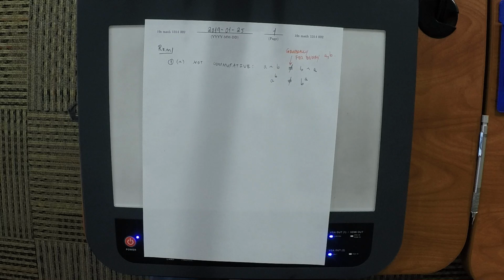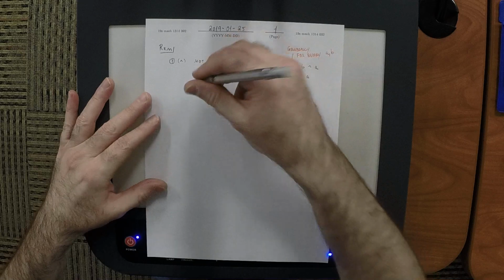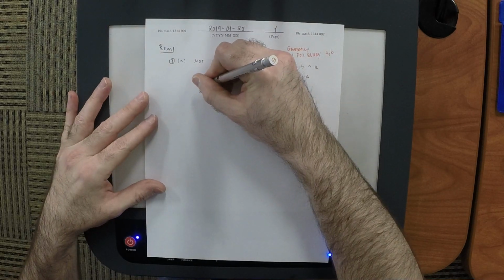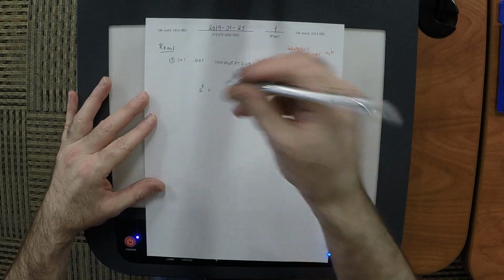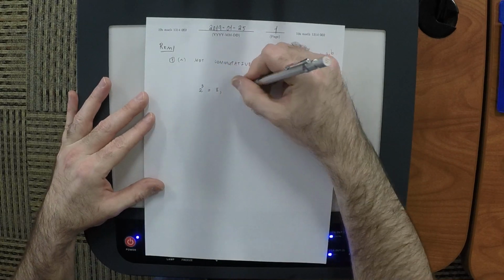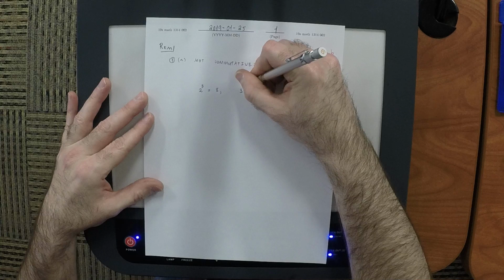So it might be true for your favorite a and b. So if you chose a is 1 and b is 1, okay, then it's true. But it's not true generally, because for example, what's 2 to 3? 8. That's 8. Whereas what's 3 to 2? 9.